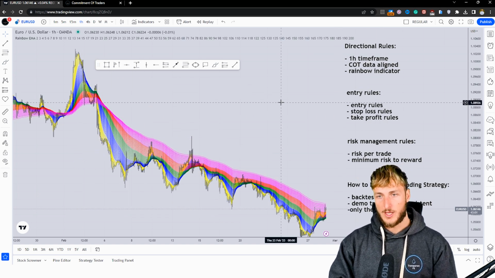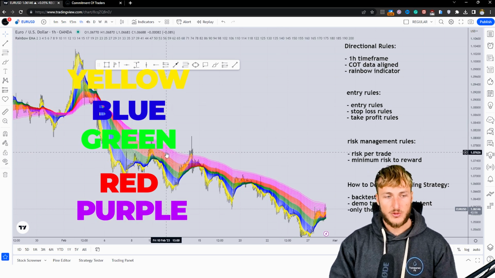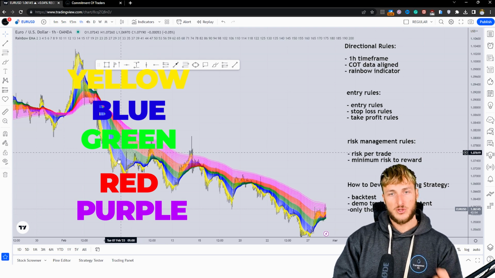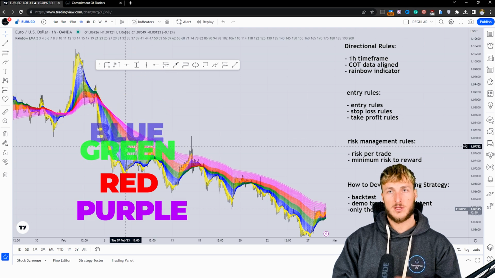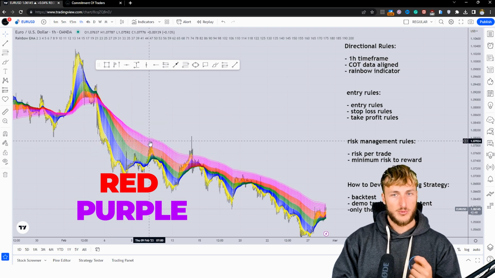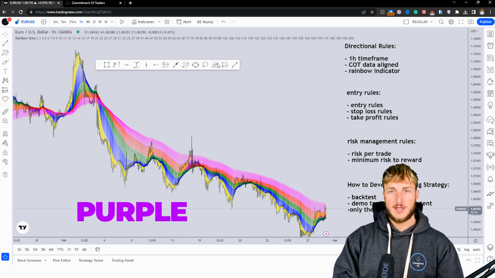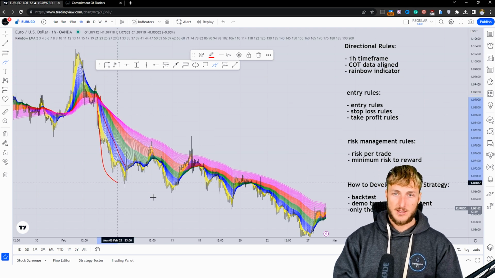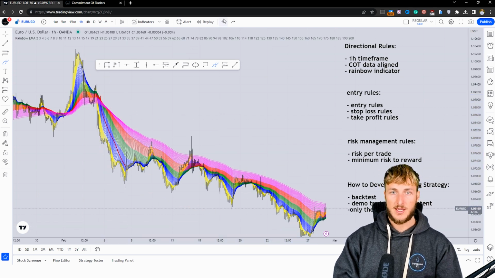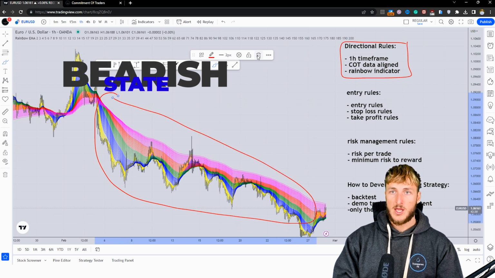Now, when it comes to entry rules, as I was explaining previously, the rainbow indicator will put on the chart the slow EMAs and also the fast EMAs. What we're interested in is the slow EMAs, so red and purple, specifically purple. The reason is that when the market is in a bearish state, and we have already identified that the market in this section here was in a bearish state because according to our directional rules, the market here was in a bearish state.